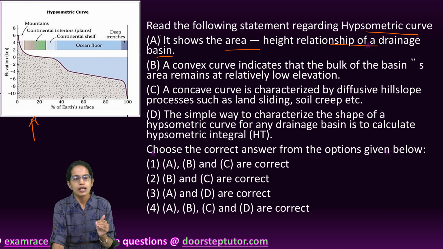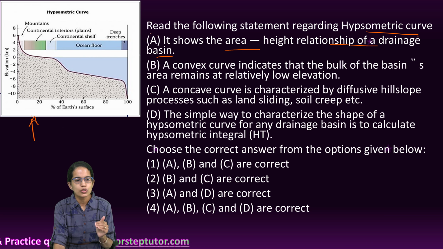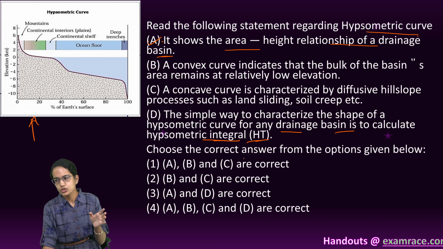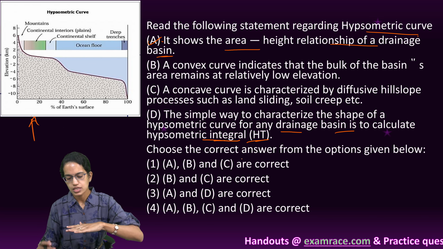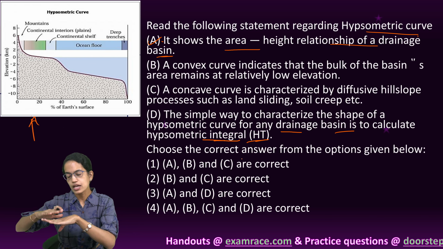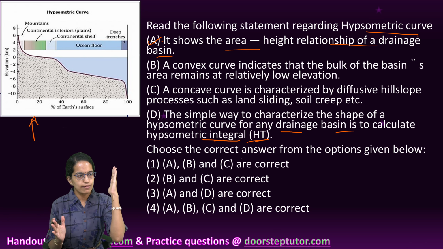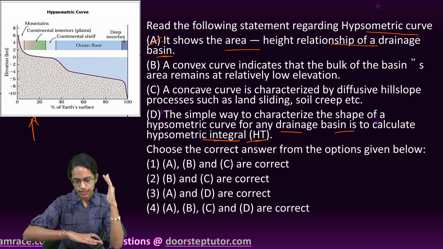Very, very correct. And it also helps to explain the shape of the curve for any drainage basin, to calculate the hypsometric integral. Now the curve shows the earth's surface above any elevation, and this is the percentage. So you have the vertical axis as well as the horizontal axis.